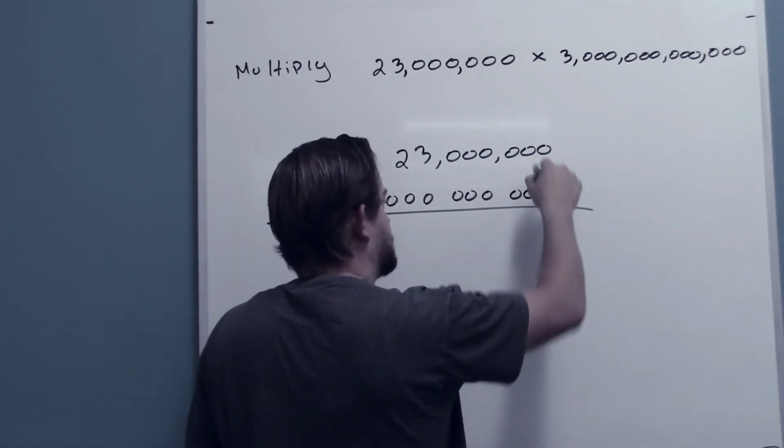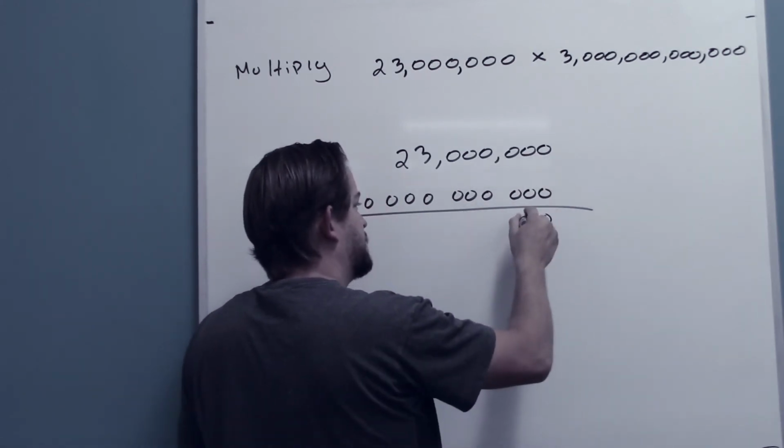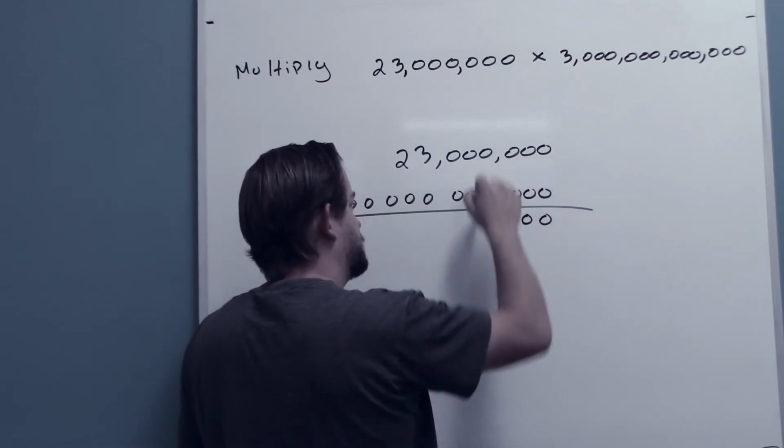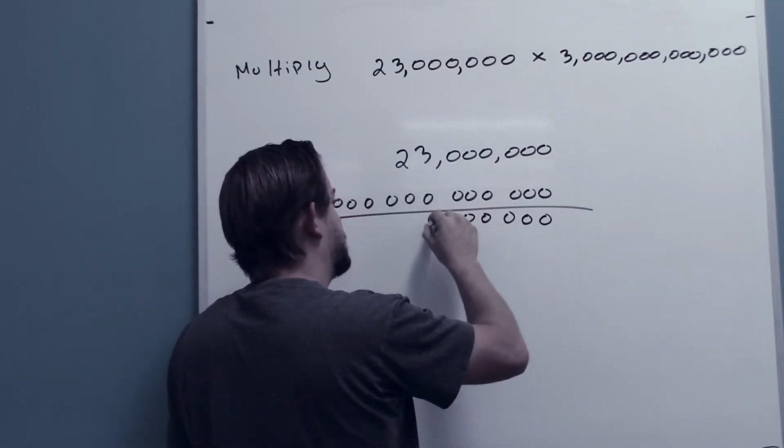So 0 times 0 is 0, 0 times 0 is 0, 0 times 0 is 0, times another 0, and another, and another, and another.